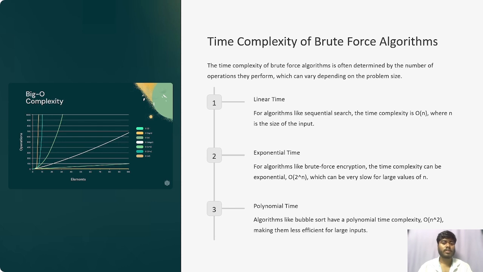In algorithms like brute force encryption, the time complexity can be exponential, which can be very slow for large values of n. Polynomial time. Algorithms like bubble sort have a polynomial time complexity, making them less effective for large inputs.